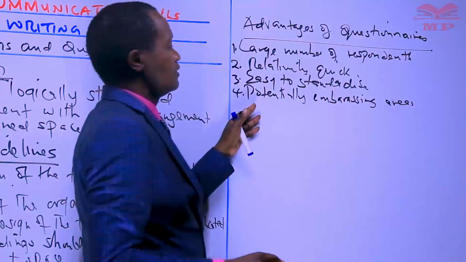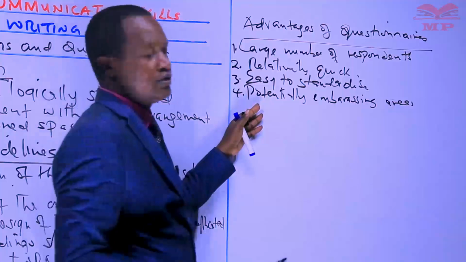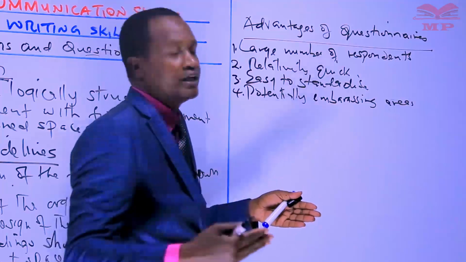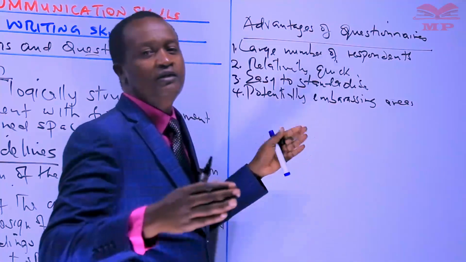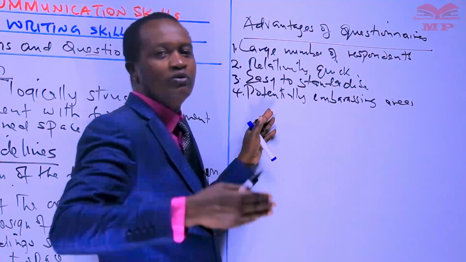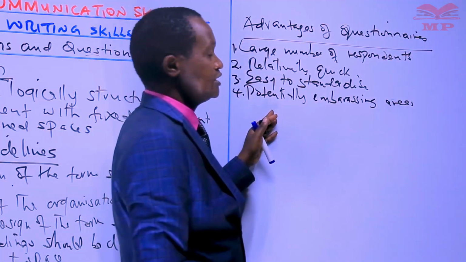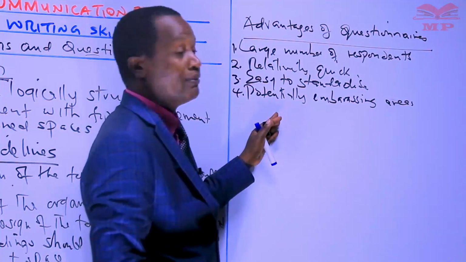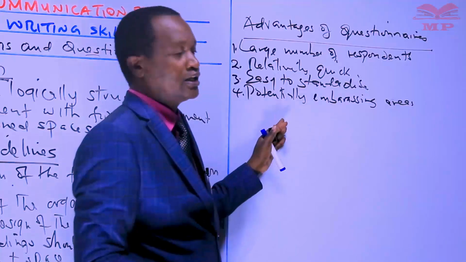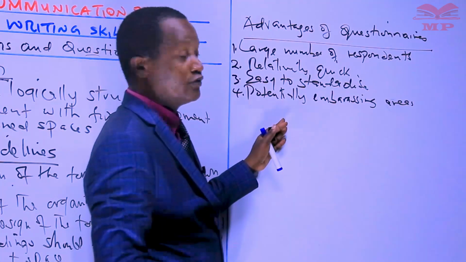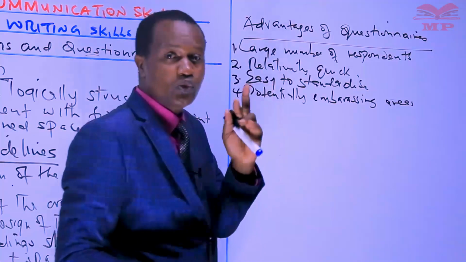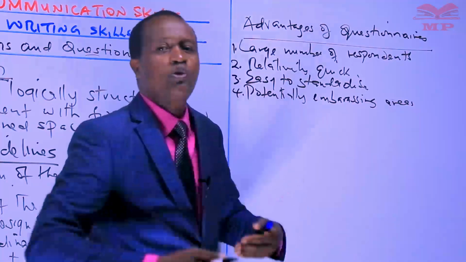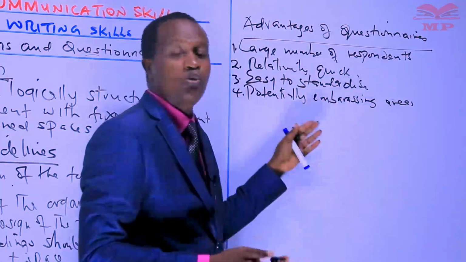Questionnaires can be used to gather information from embarrassing areas such as criminal matters and sensitive matters like sex. The information can be obtained more easily than with other methods like one-on-one.